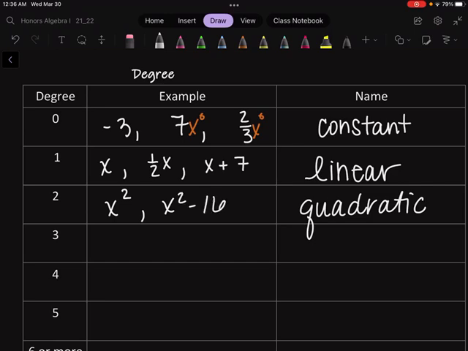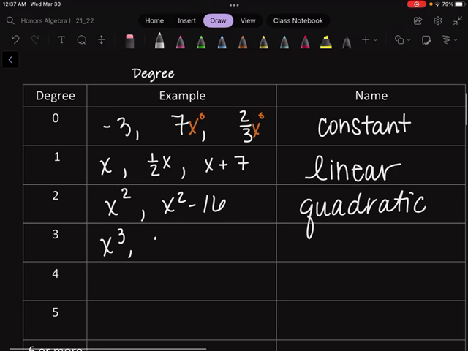Okay, what if it's x cubed? Or we can have, I'm using x pretty much consistently here, but it can be any variable, y to the third. Or we can do even further, 25 minus x cubed, stuff like that. That is cubic.